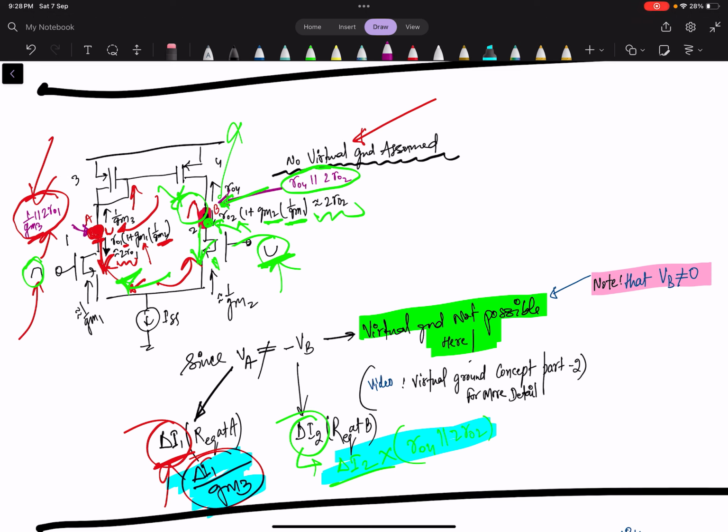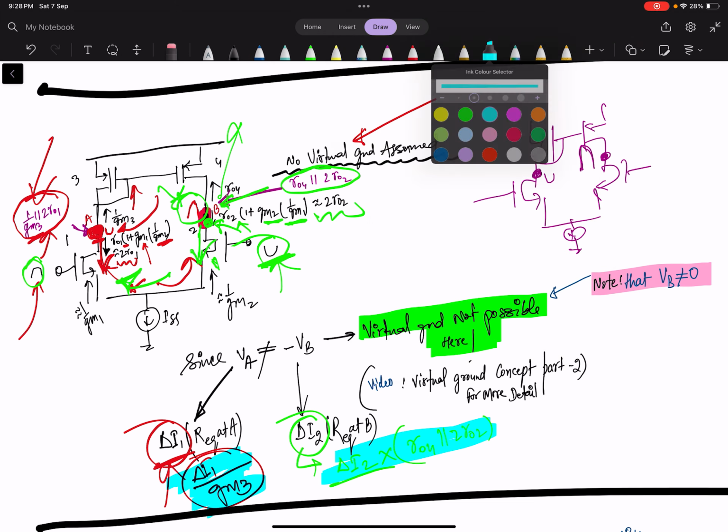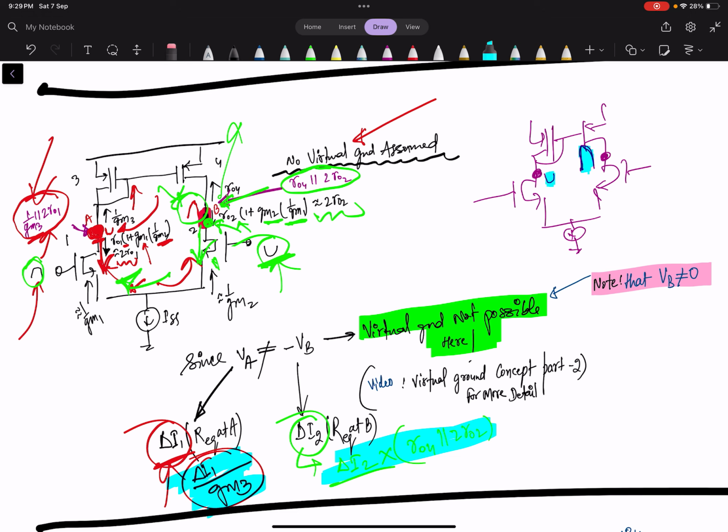If this is this much amount, then this change is very high. We know that for the virtual ground concept, these two potentials have to be equal and opposite, and only then can this potential VP be said to be virtually ground.